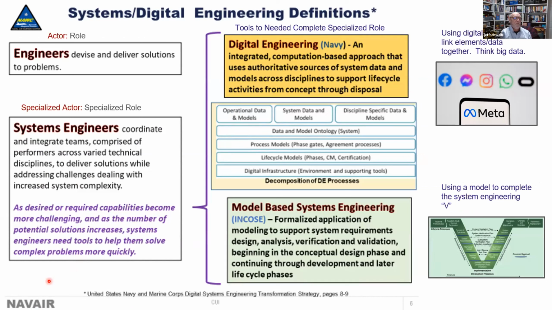If we start at the basic fundamental role, engineers devise and deliver system solutions to various problems, challenges, and requirements from the sponsor or end user that says, make this work, build me one of these, create this function, capability, etc. When we have teams working together, we have systems engineers that help lead a program and coordinate its efforts, pulling together the performance and the products and services of each individual member of a team to address those challenges and develop a system, and eventually all the systems that make up a system of systems, like we talked about earlier.